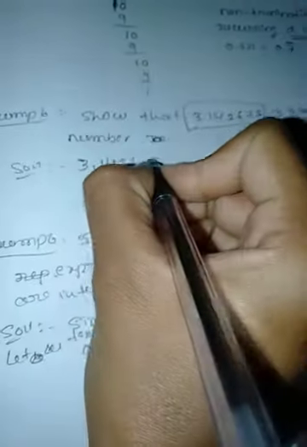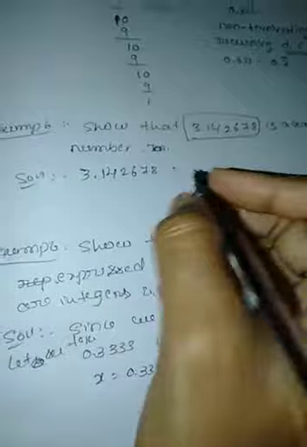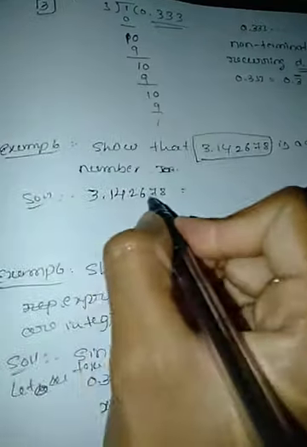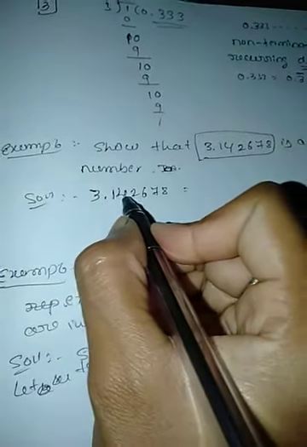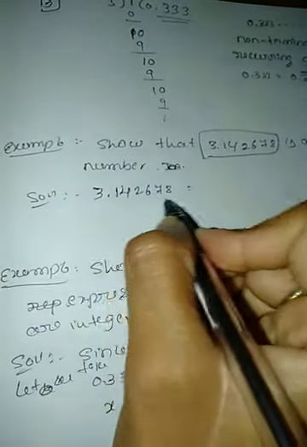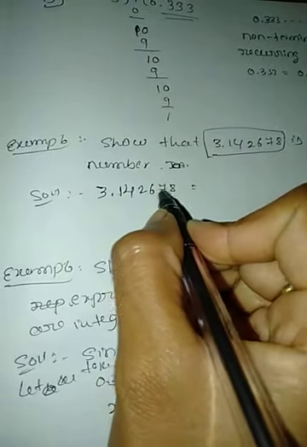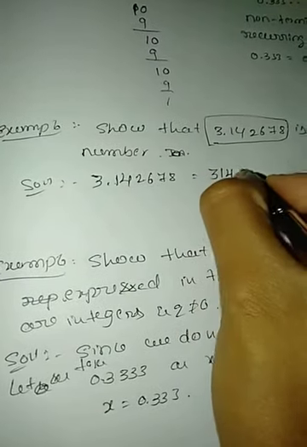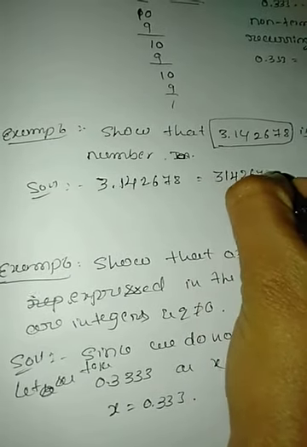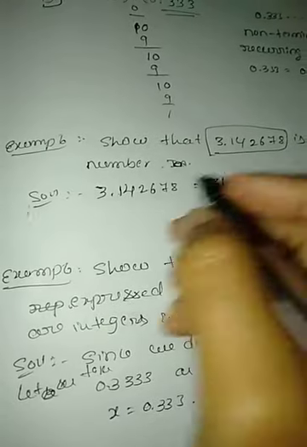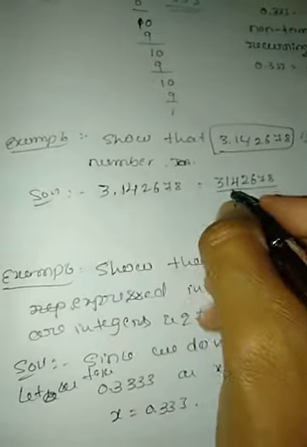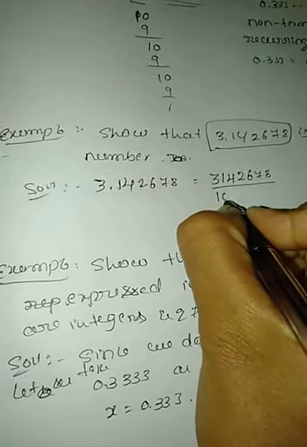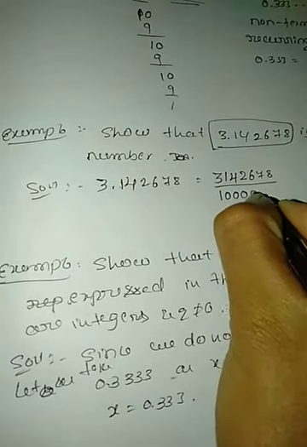How to represent? So first take 3.142678. Here after the point, how many numbers are there? 1, 2, 3, 4, 5, 6. So this will be written as 3142678 divided by, since after the point 6 numbers are there, write 6 zeros in the denominator.